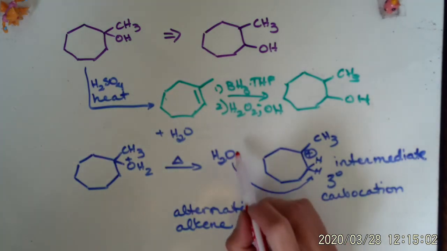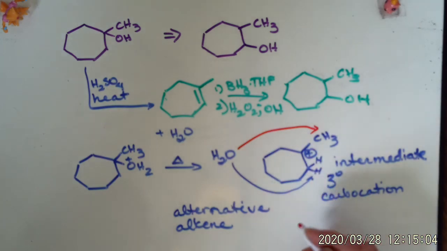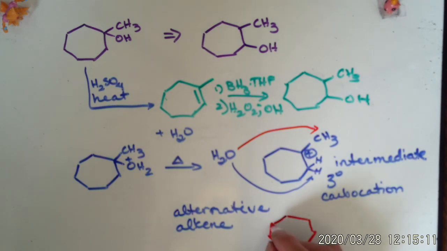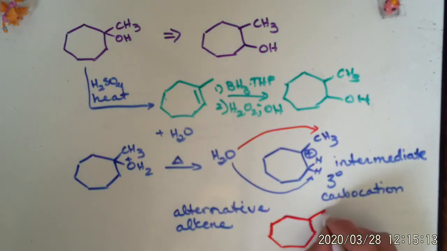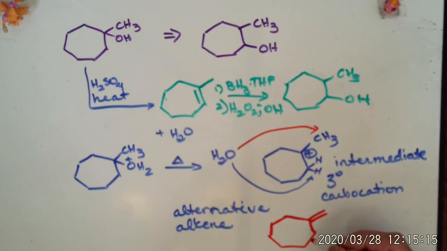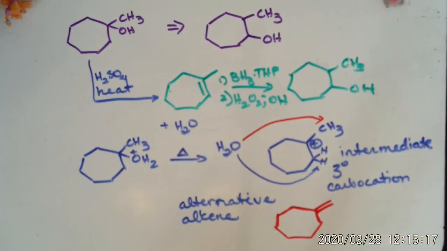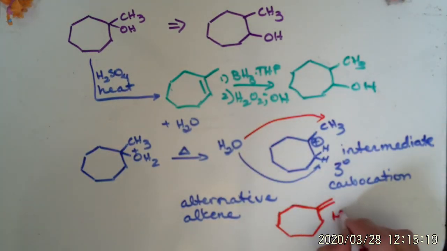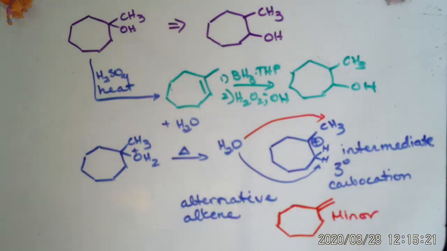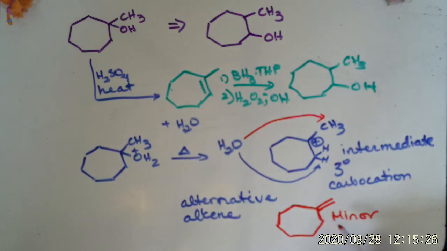The water pulls off a hydrogen here. And what do I form? 1, 2, 3, 4, 5, 6, 7. This is the alkene I formed. But based on Zaitsev's rule, this is minor. This is my major product, because this one has only 2 substitutions.